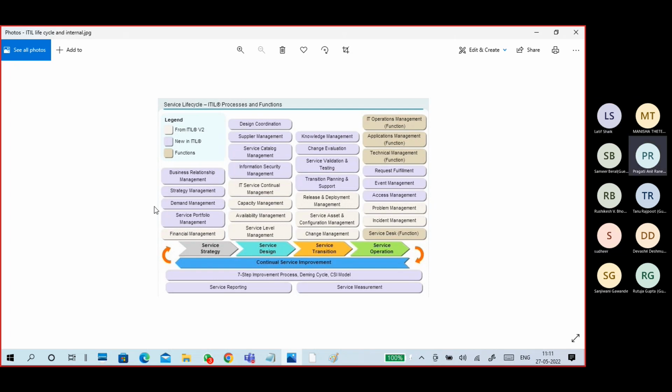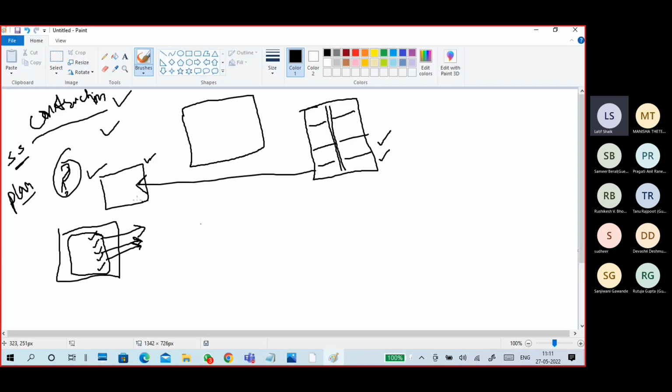Yes, sir. The next one is demand management. What is demand? For example, I want to start an internet service. In my area in Visakhapatnam, buildings keep being constructed again and again.